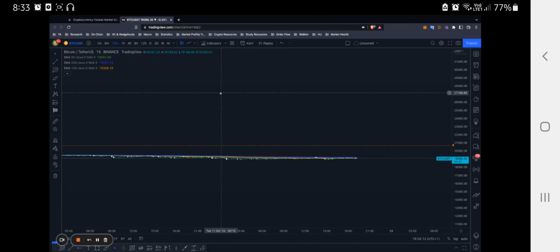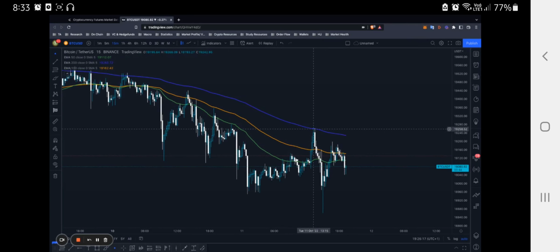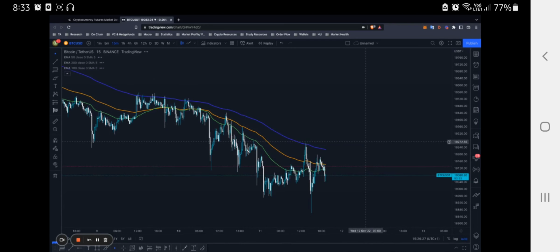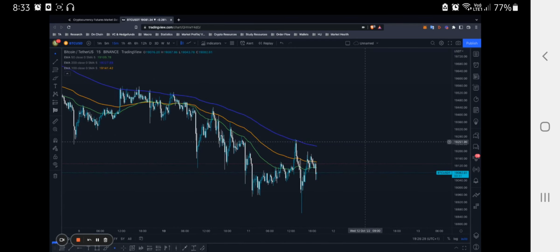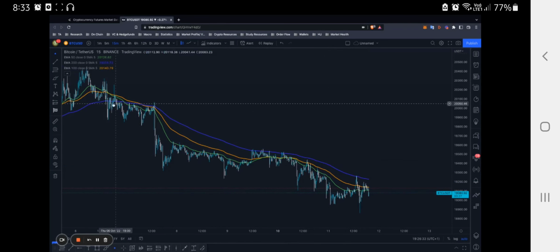When I flick to 15, it automatically updates to the 15. You can see there, we pushed up as high as the 200 EMA today, rejected strongly off it. So obviously it has some validity, doesn't it? And the reason being is that 50, 100, and 200 are the most universally accepted. And they're typically trend following. So the idea is, look at how long we've been in this downtrend on the 15-minute.